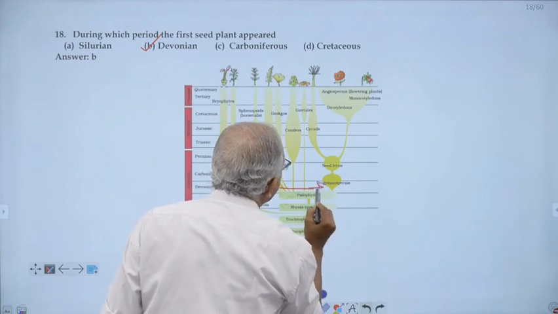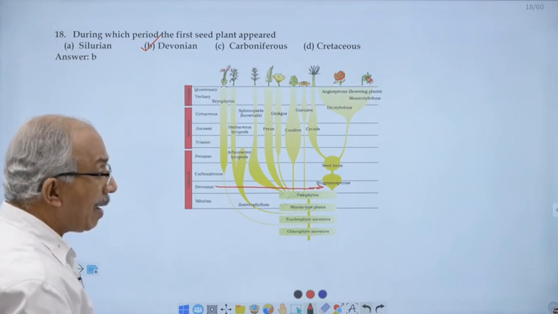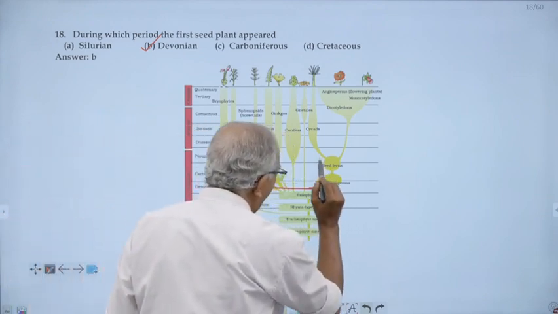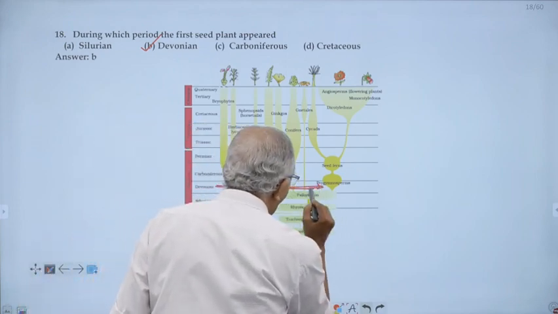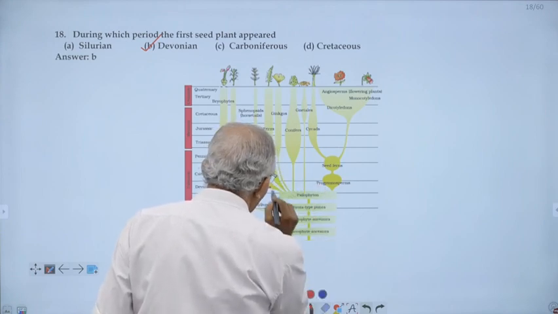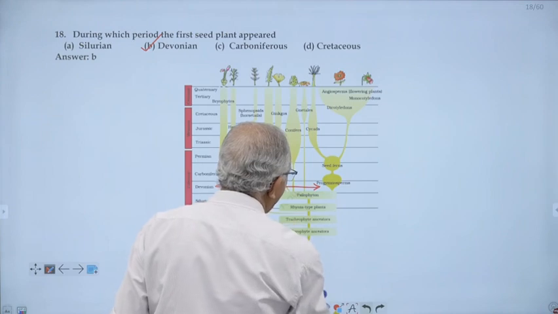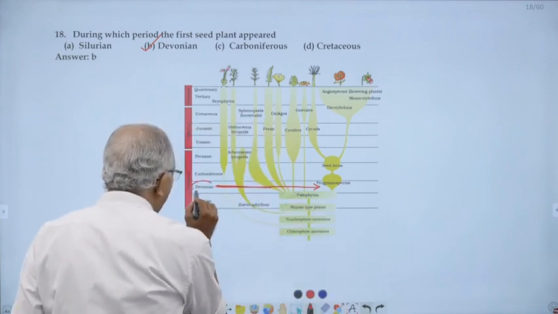The first seed plants, progymnosperms, might have evolved from Xylophyton. So it is in the Devonian period.